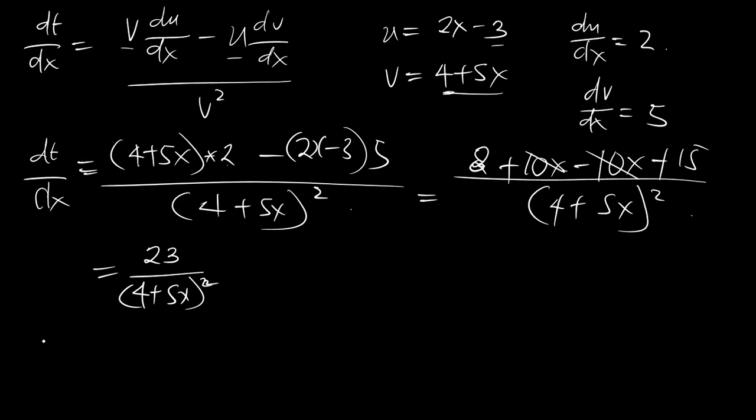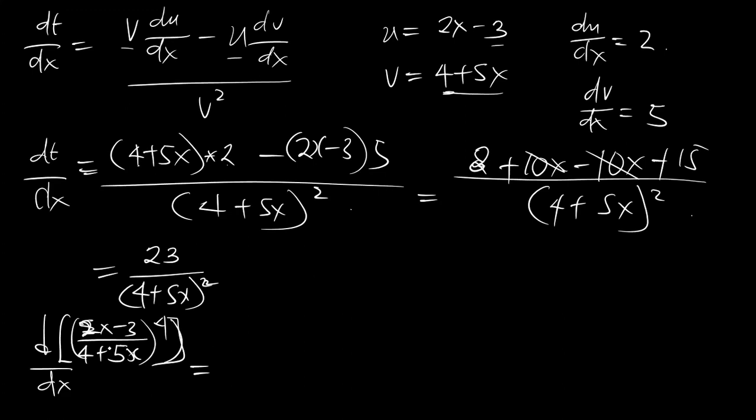So now applying the chain rule, the derivative of 2x minus 3 divided by 4 plus 5x, all raised to power 4, will now be equal to the same thing as dy/dx, because the whole of this is y.